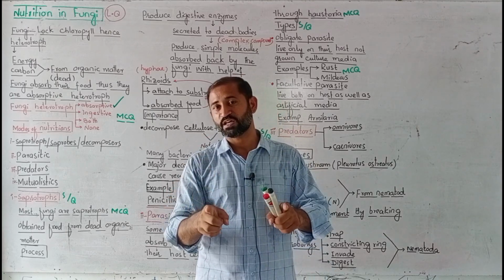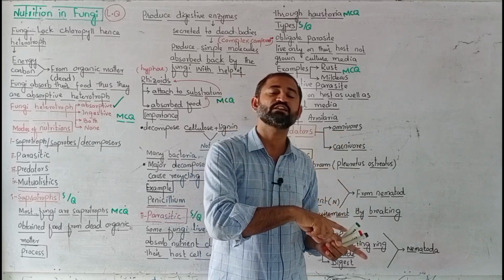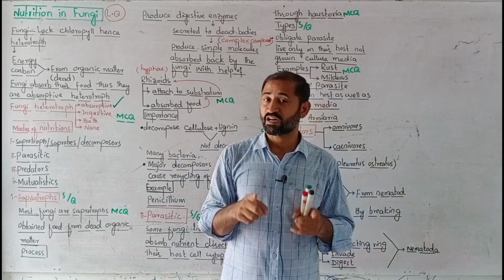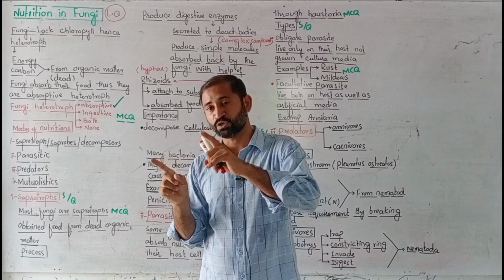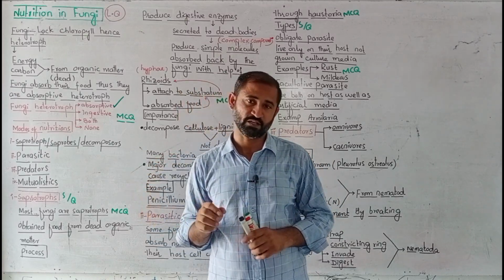Once again, haustoria are related to parasitic fungi, whereas rhizoids are related to decomposer fungi.